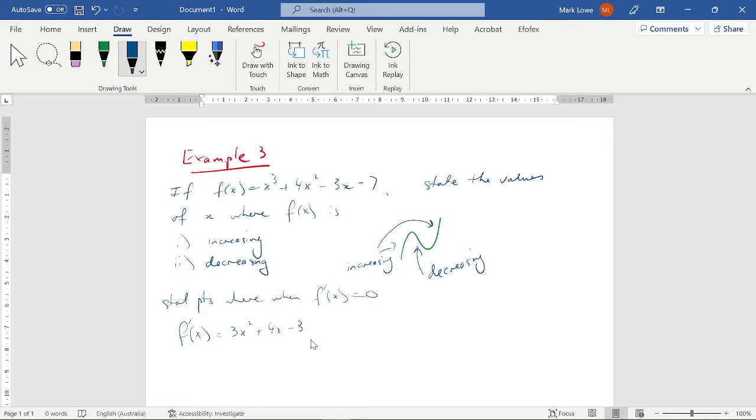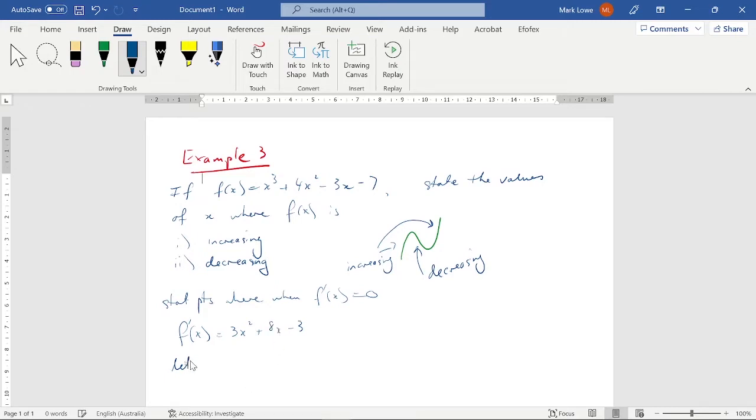So we end up with 3x squared plus 4x minus 3. Oh, yes, my brain is a little bit off, so let's correct that: 8x, thank you.